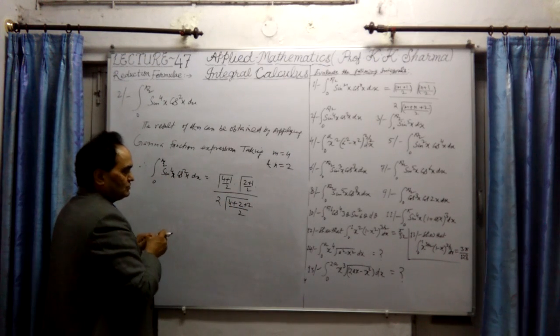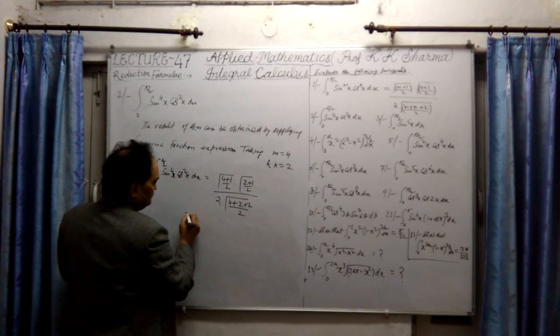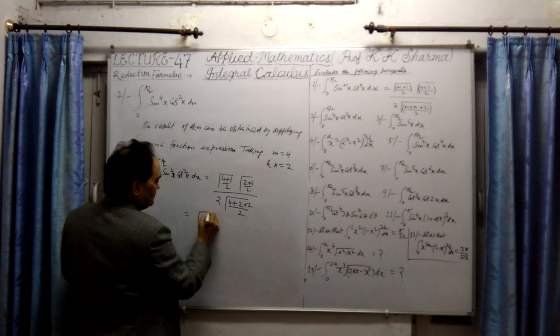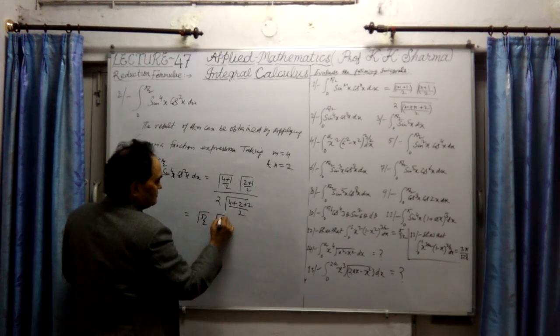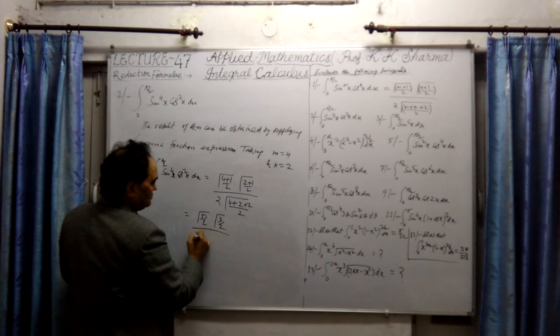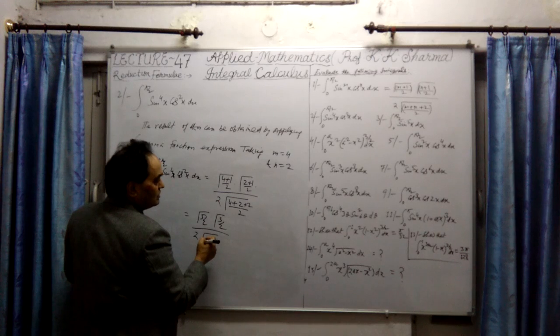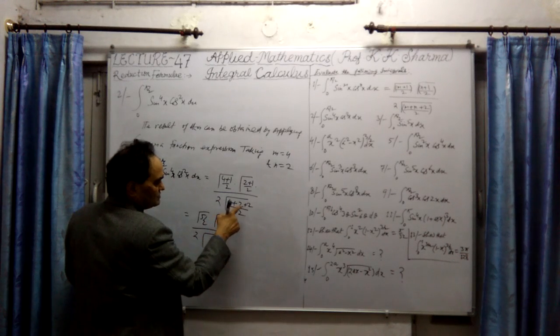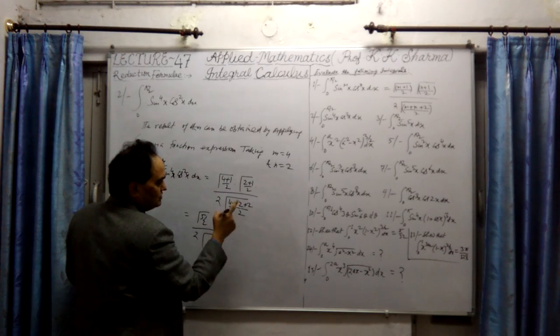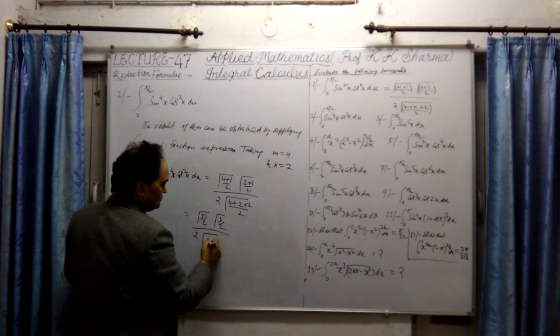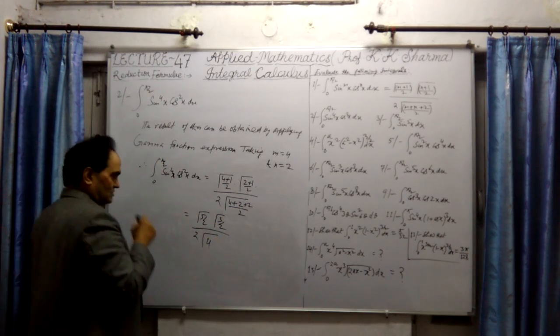Now let me find out the value. This is gamma 5 by 2, gamma 3 by 2, divided by twice gamma of 4 plus 2 is 6, plus 2 is 8, 8 upon 2 is 4. So only twice gamma 4.